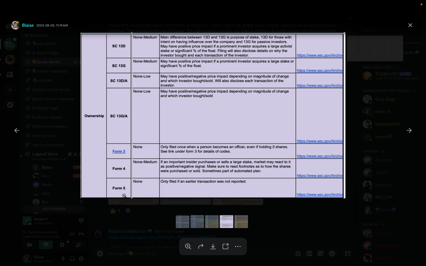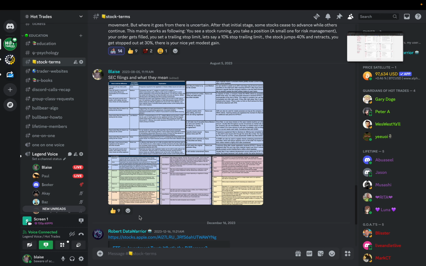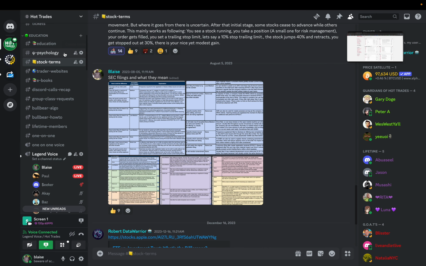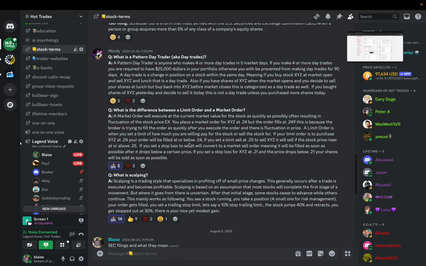What's a Form 5? A Form 5 is only filed if an earlier transaction was not reported. What's a Form 3? There's a whole bunch of stuff in here that is really helpful. You just need to spend the time going through it. All of that information is in the Stock Terms channel already.